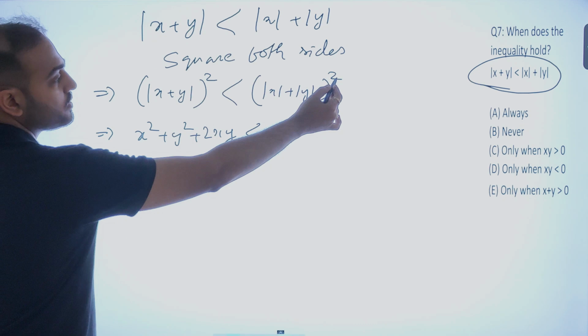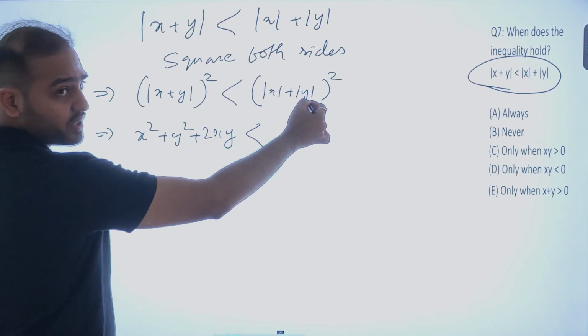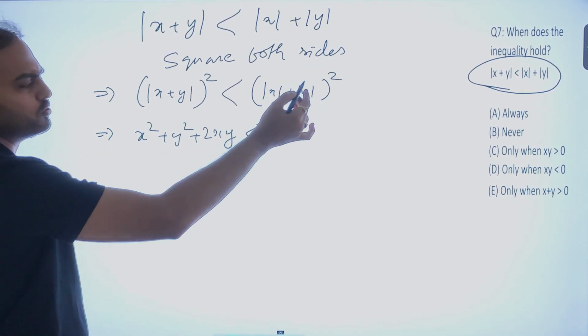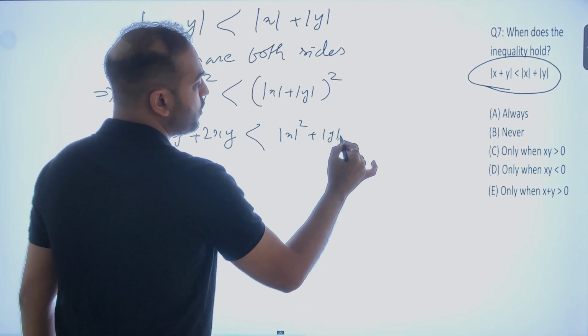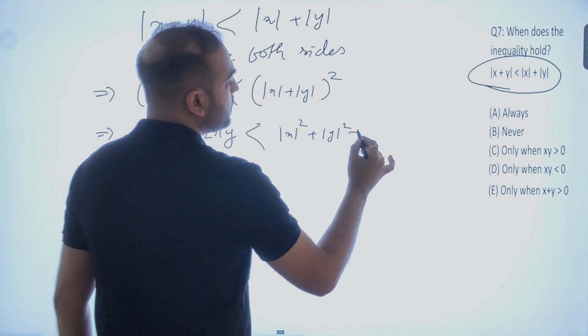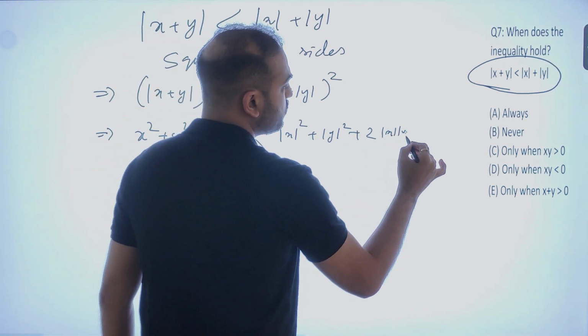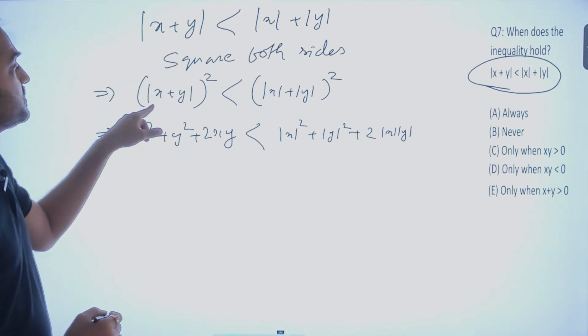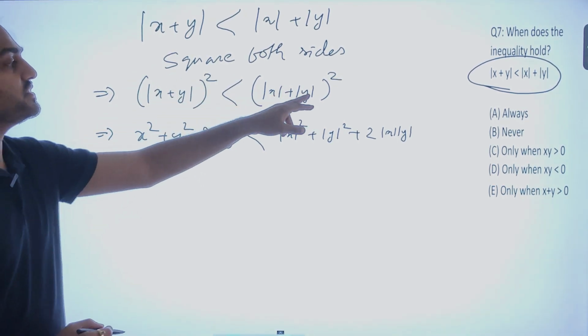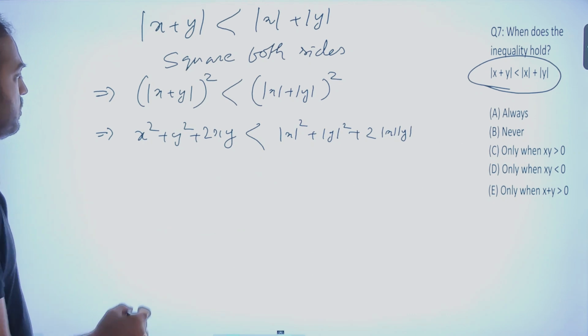Okay, here the modulus can't come inside because we have two separate terms, so we will apply a plus b whole square. So that is mod x whole square plus mod y whole square plus 2 mod x into mod y. Okay, remember there is a difference between the two. This is one whole term, whereas these are two separate terms.